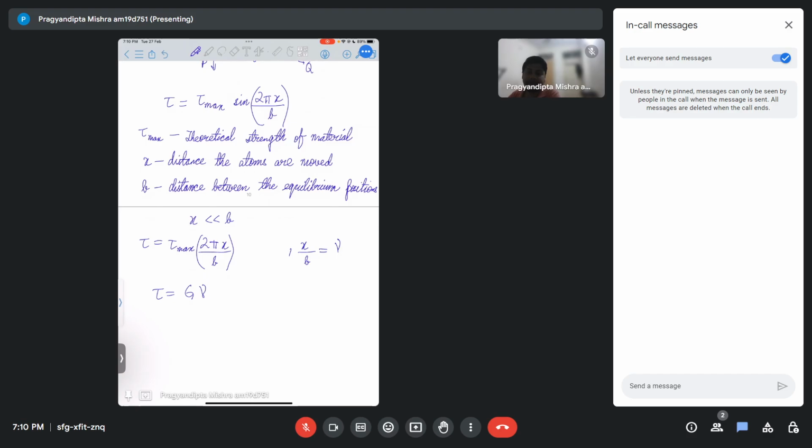Okay, so if I substitute this back, what I will get here is tau max is equal to g divided by 2 pi. So this is the theoretical value of maximum strength that we can observe for a particular material system.